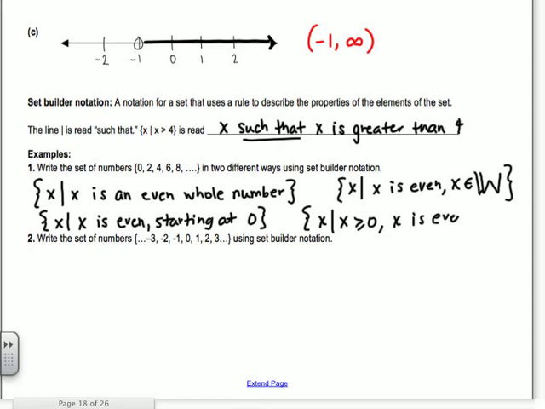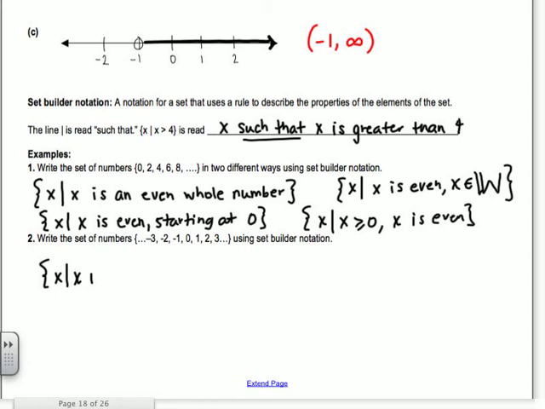All right, number 2: write the set of numbers negative 3, negative 2, negative 1, 0, 1, 2, 3 using set builder notation. So what do you notice about those numbers? What kinds of numbers are they? Integers, right? So x such that x is an integer.